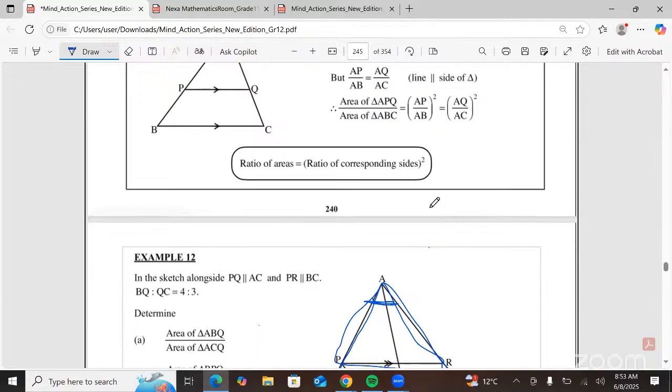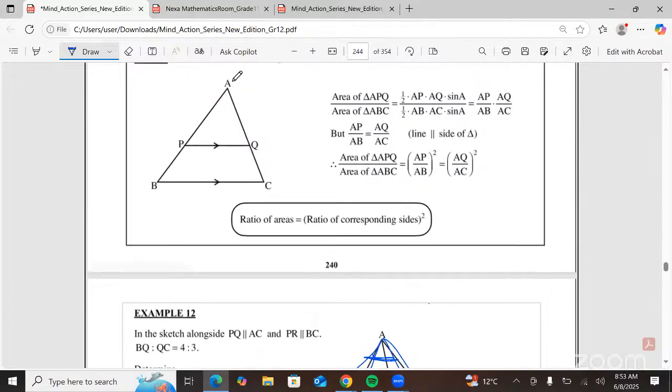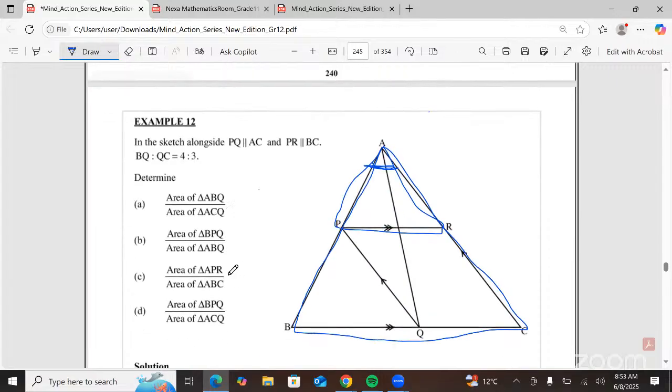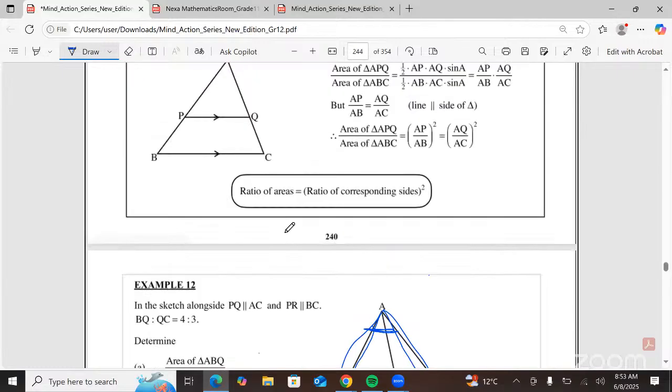Therefore, for this one, we have AP over the whole side AB, all squared. Then what was AP? Where did I get those twos?